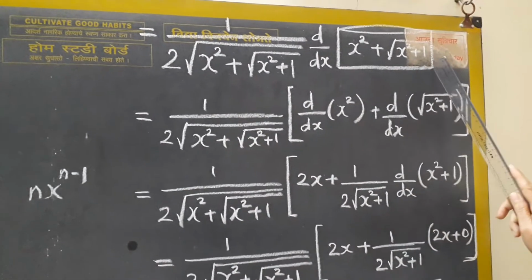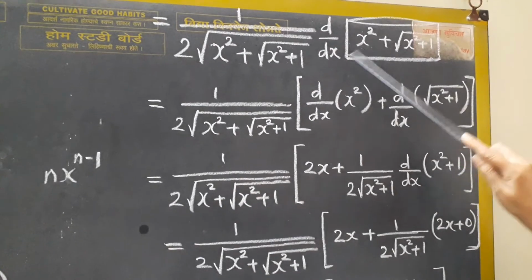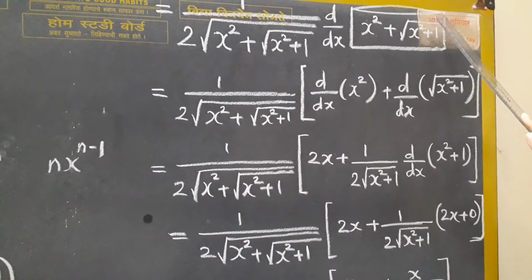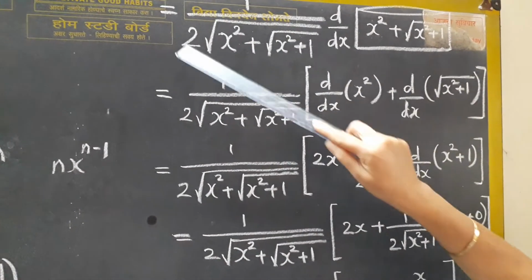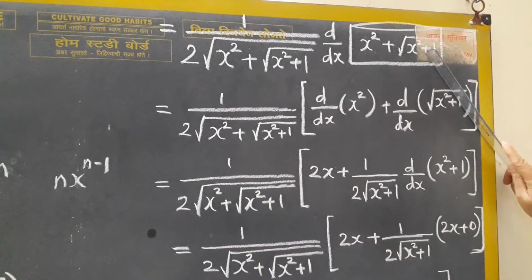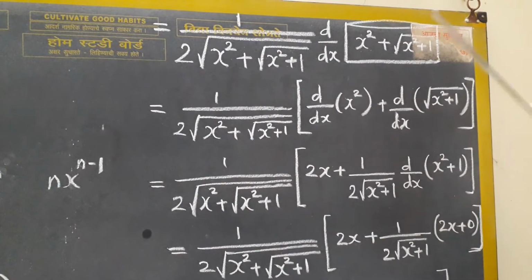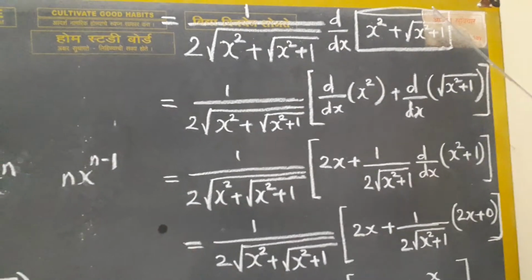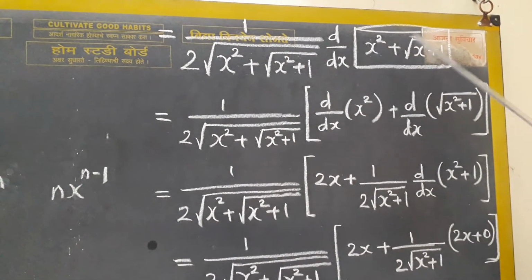The inner box is this, without the square root sign, because with the square root sign, the whole square root, we have already found the derivative. Now we will find out the derivative of this box, which means opening out this box.